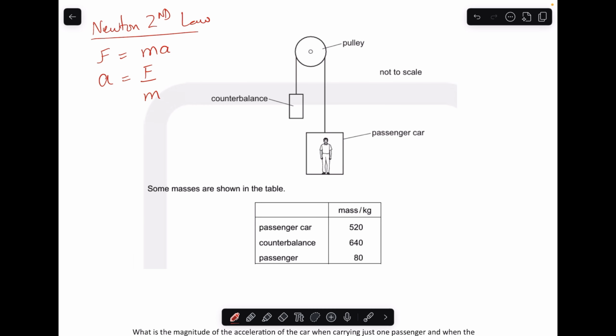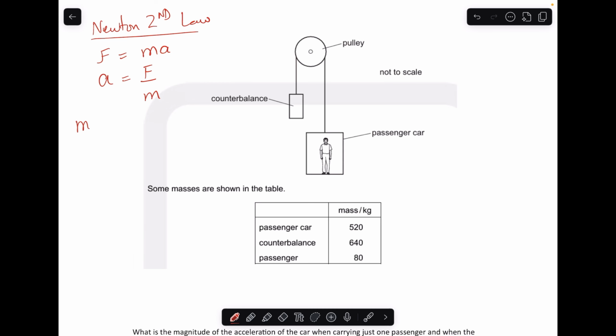If you see this scenario, the passenger car and the passenger have a combined mass, and they are attached to the counterbalance through the pulley. So they are acting as a whole system, and as one system they will be accelerated together. So the mass that I have taken here will be a combined mass.